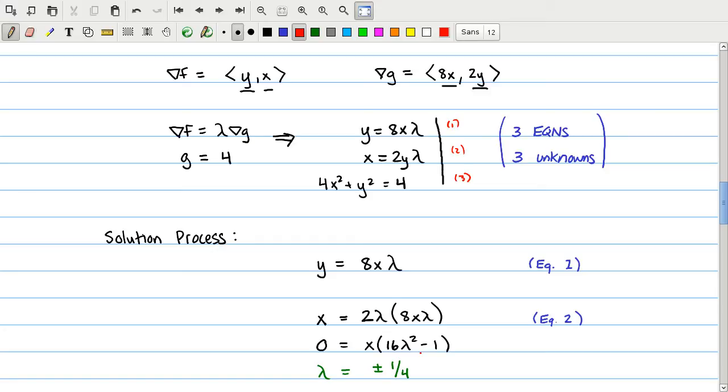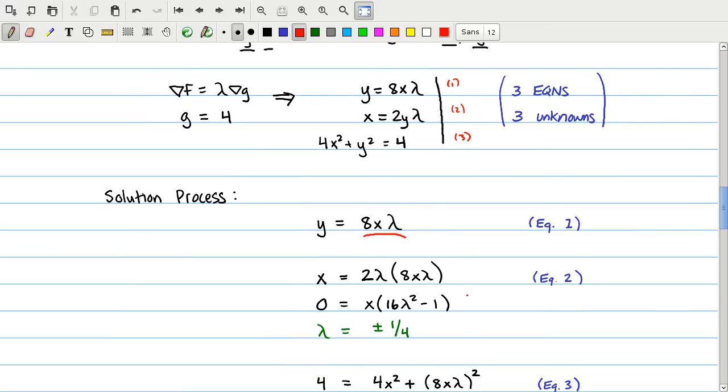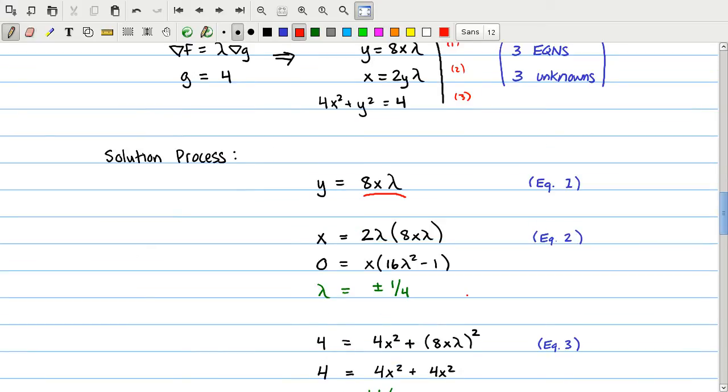Then we take what we know about y, that y can be written this way, and lambda has one of these values, and plug all of that into the final constraint equation. We get 4 equal to 4x squared plus 8x lambda squared, but lambda is plus or minus a quarter, so 8 times plus or minus a quarter is plus or minus 2, and this all squared becomes 4x squared.